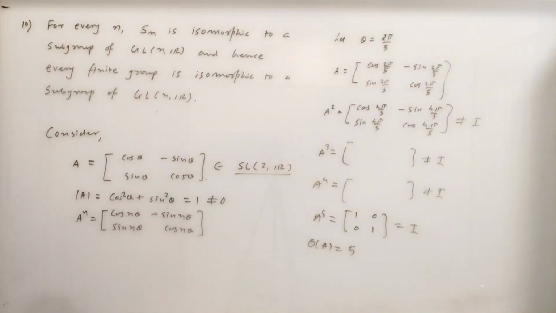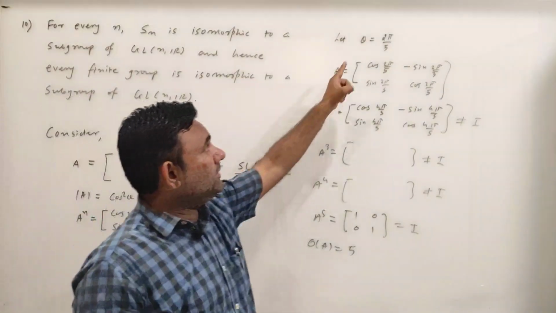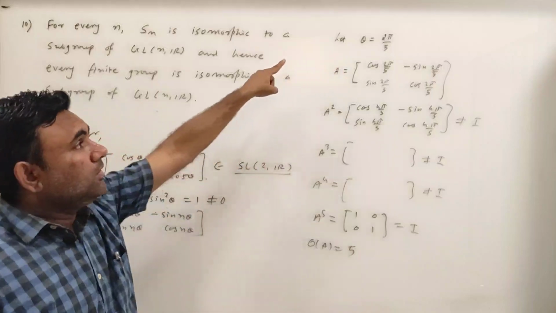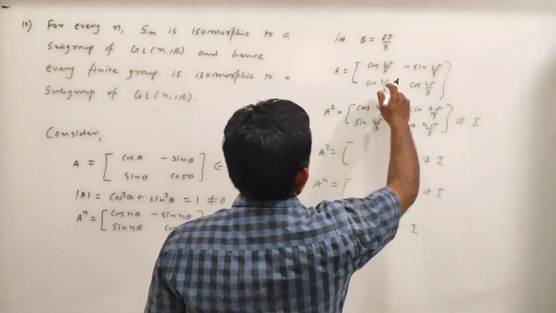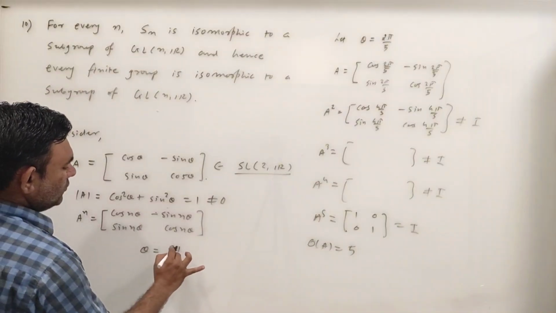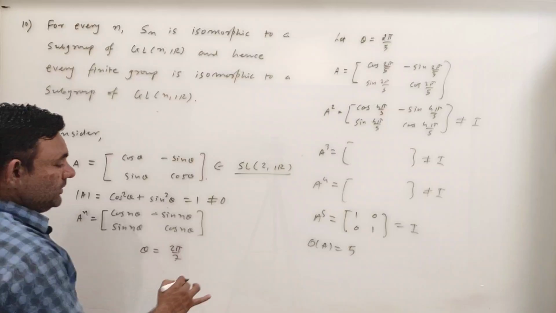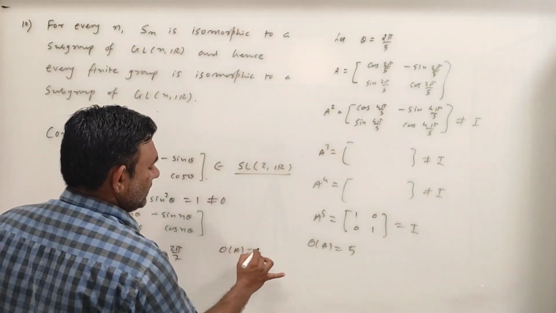So this is a very nice technique to find an element of order 5 in SL2R, right? So what did we do? You consider matrix A in this way, and here I have considered theta as 2 pi by n. What happens if I consider theta equal to 2 pi by 7 in A? Then I get the order of A is 7.